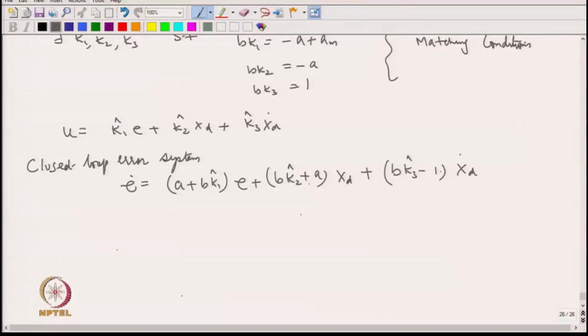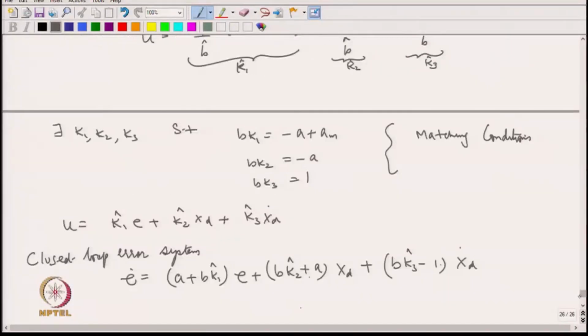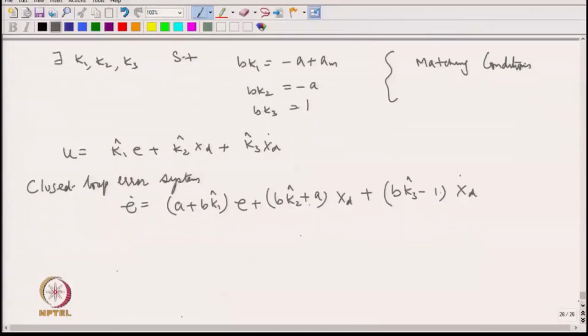Okay. So here we use the matching conditions and replace the terms which are unknown, that is A and B, but we should be a little smart about the substitution.